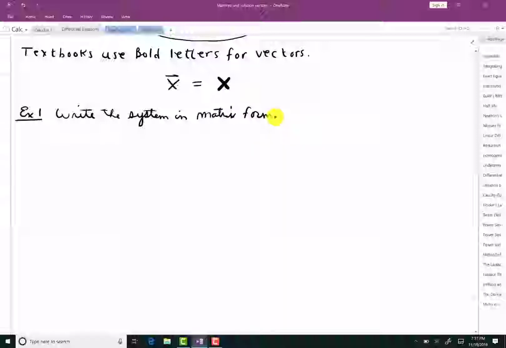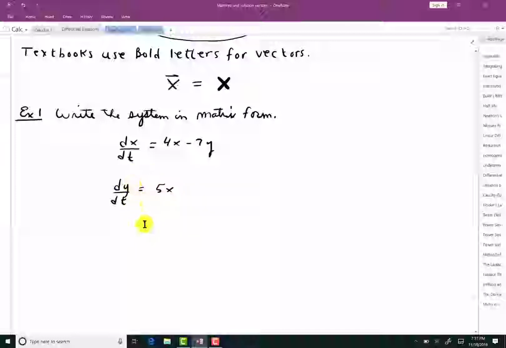So the system that we're given looks like dx over dt equals 4x minus 7y. On the other hand, we have dy over dt equals 5x.